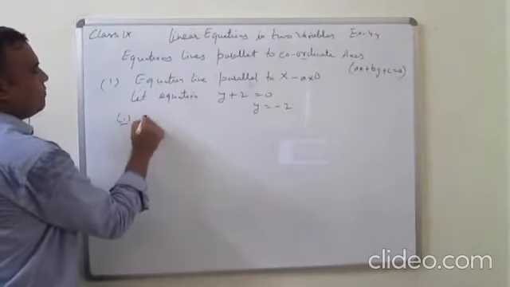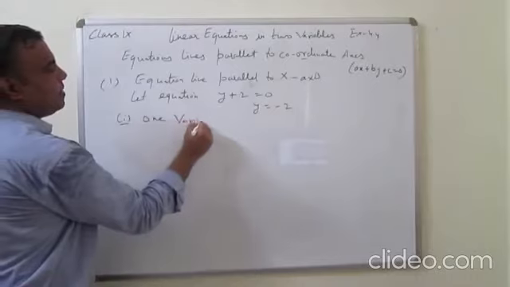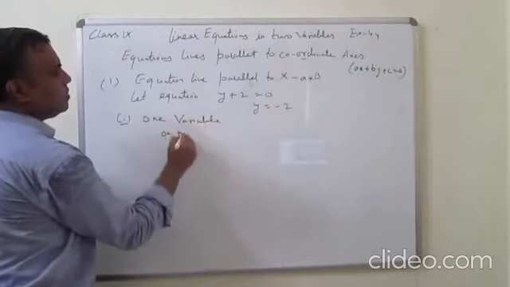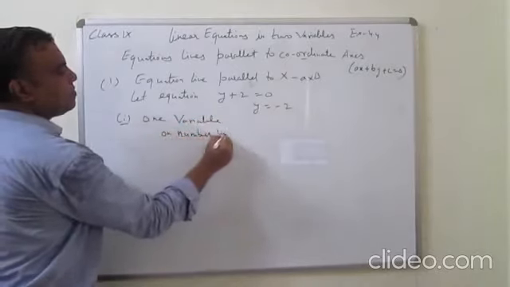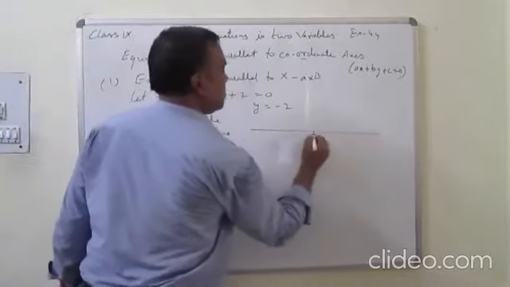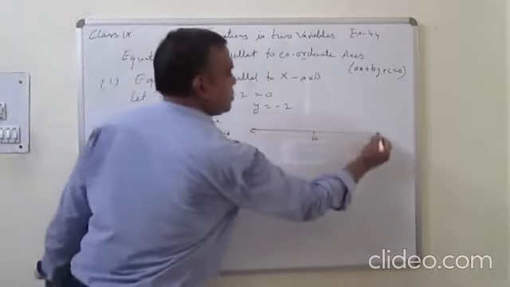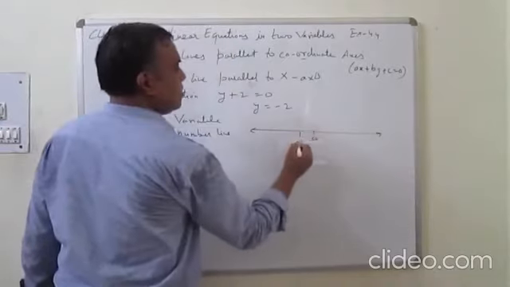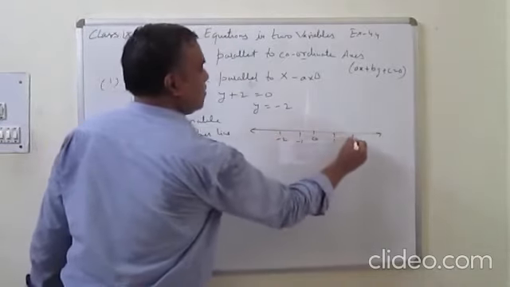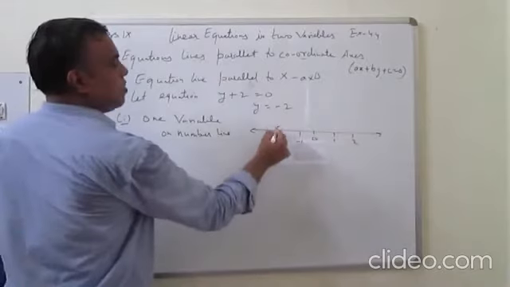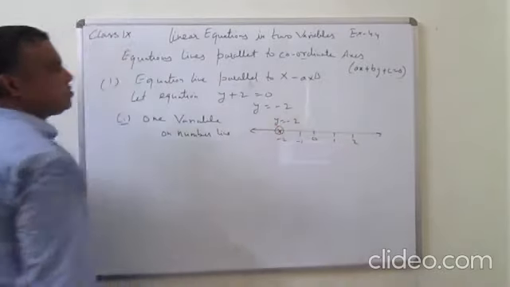First we draw in one variable, that is on the number line. So draw a straight line, this is 0, extended in both directions. So this is 1, minus 1, 1, 2. So this is called y is equal to minus 2.